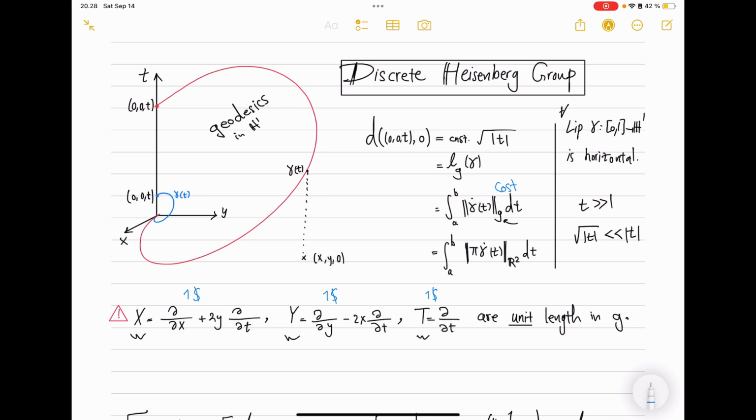And you would rather buy many X's and Y's for your money compared to T's, because from the Euclidean picture, these have really huge t components. So if you are here and this is vector X, this is really large in t ascent, but you only pay $1 for it. From the Euclidean point of view, the length of this would be 1 plus 4y squared, but from the geometric point of view, its price is only $1.